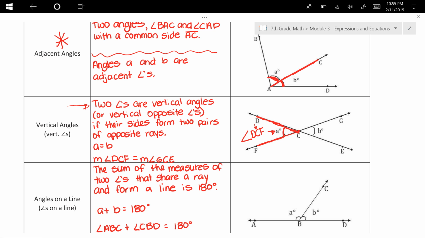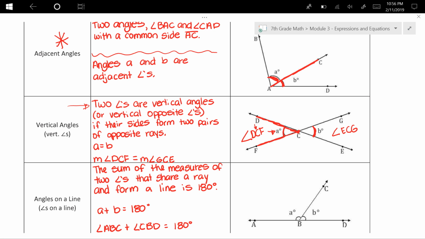So we have this angle A, and see how it is on opposite sides. It's across, and it's what's called vertical from angle A, and it is angle B right here, or also called angle ECG. Excuse me, guys.